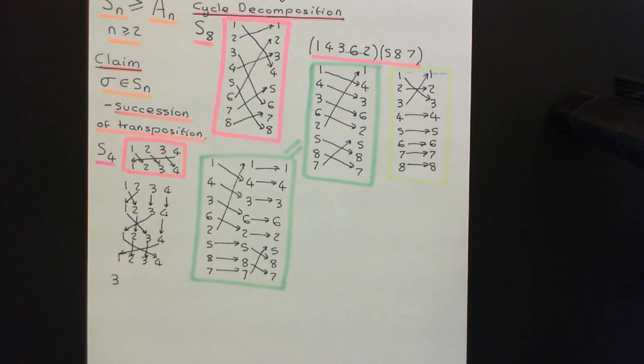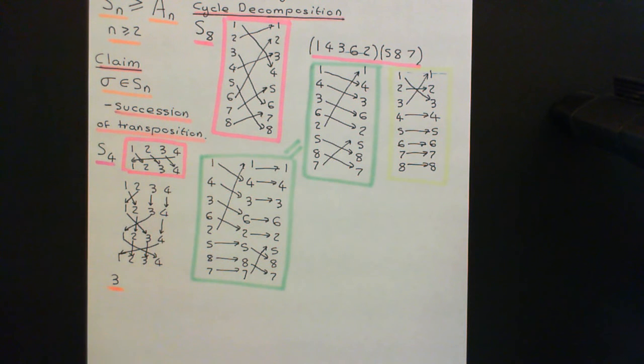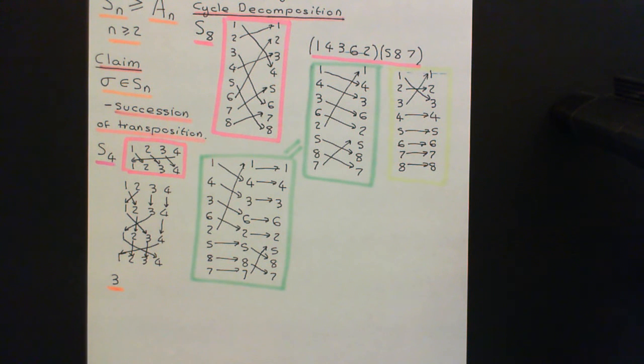There's only one place it can go, and that must have been the right place for 4 to go. So it only required 3 transpositions, whereas if I'd been asked to guess before actually seeing this, I would have guessed you'd have needed 4 transpositions to make it correct, but you don't. You need 1 minus the size of the cycle to make it go correctly.